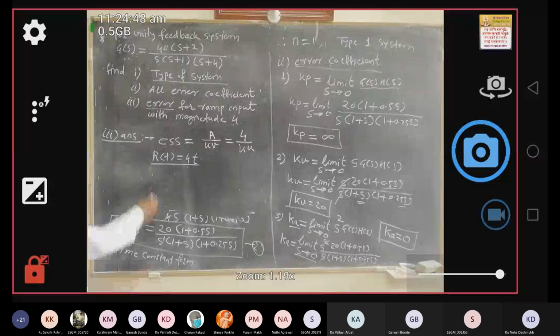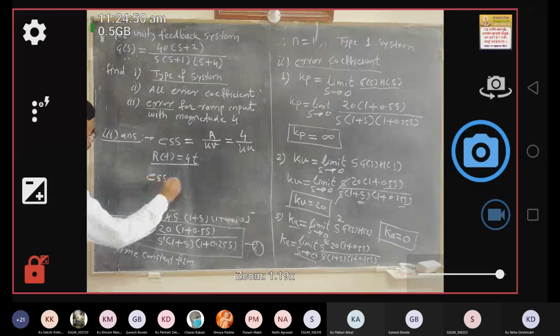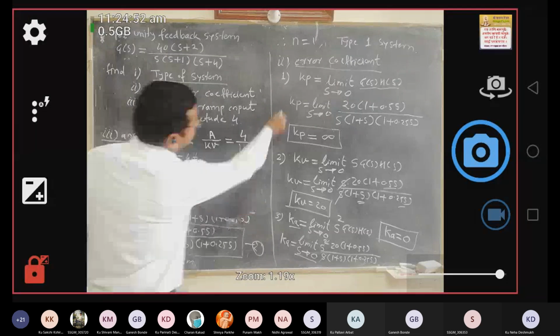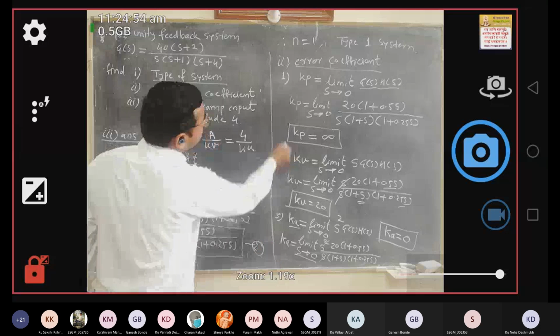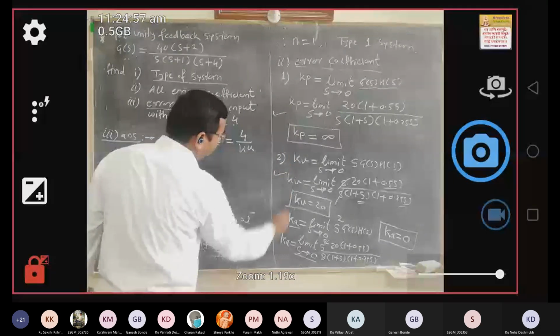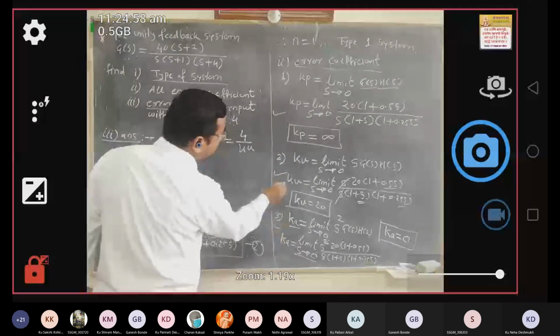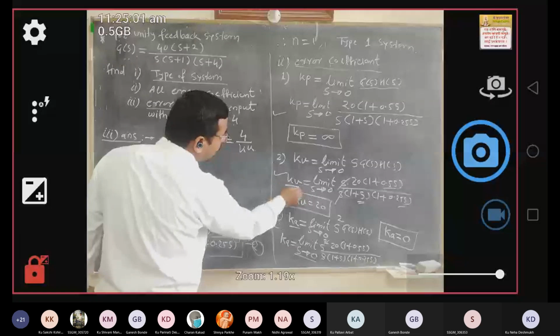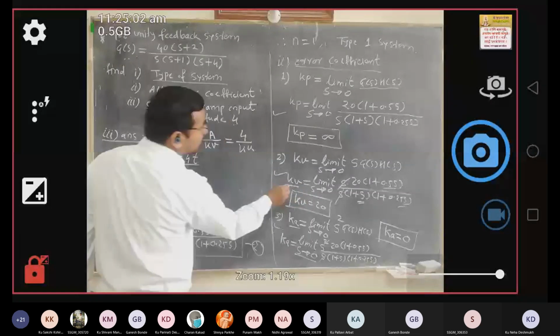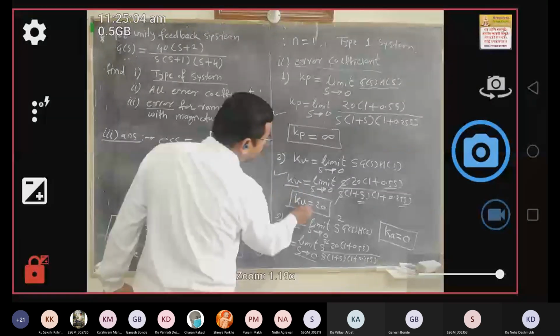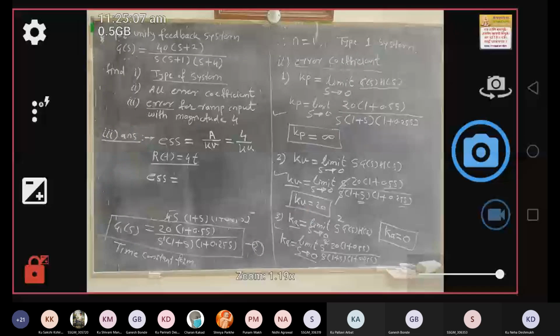Okay. So substitute the value. We have already found the error coefficients for different inputs, unit step, unit ramp and parabolic. So input is given, that is ramp input, and for ramp input we get the error coefficient Kv, and here the Kv value is 20.